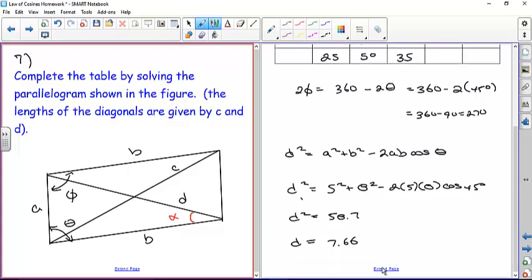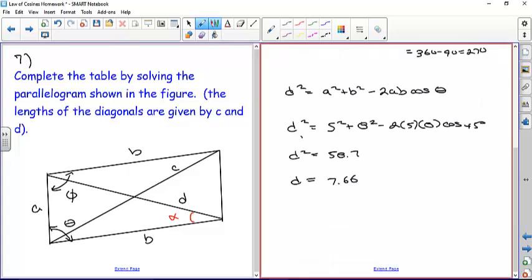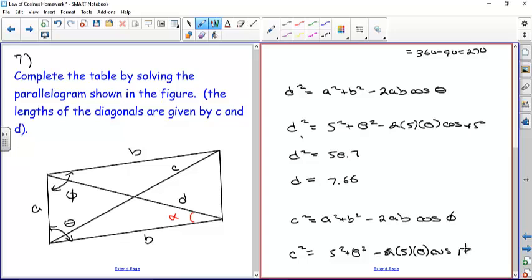The way we would do this is with side C. So you'd have C squared is equal to A squared plus B squared minus 2AB cosine of phi. So C squared is equal to 5 squared plus 8 squared minus 2 times 5 times 8 times the cosine of 135 degrees.